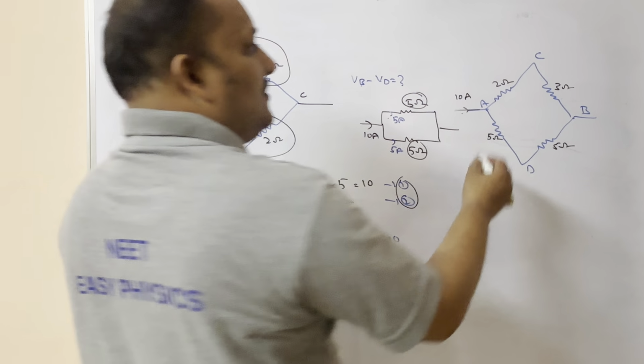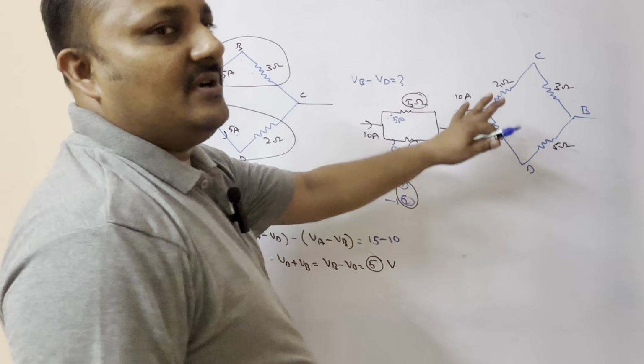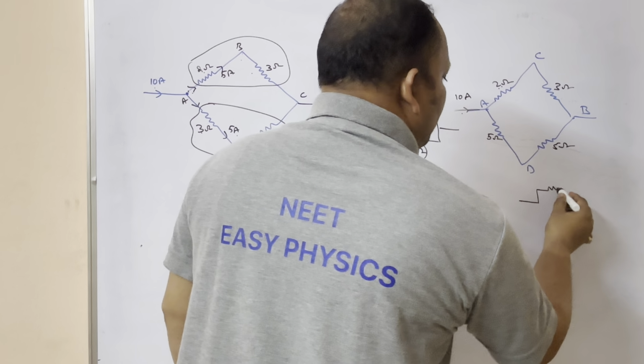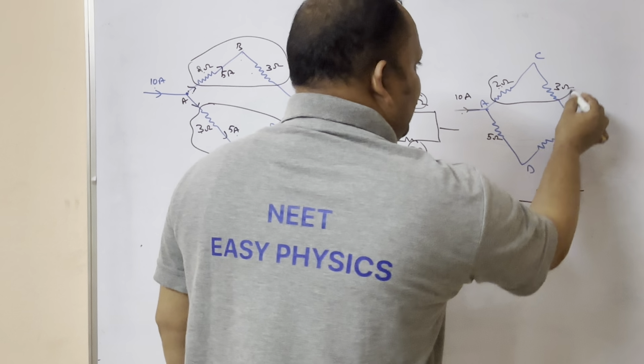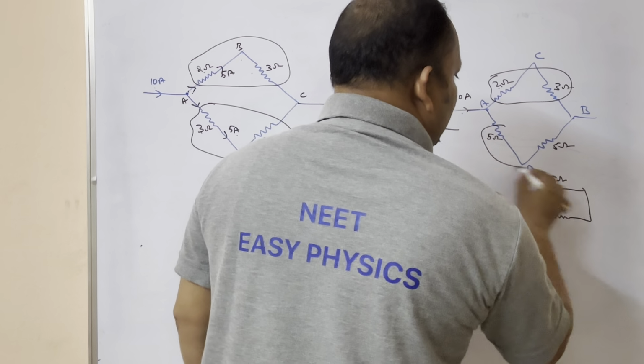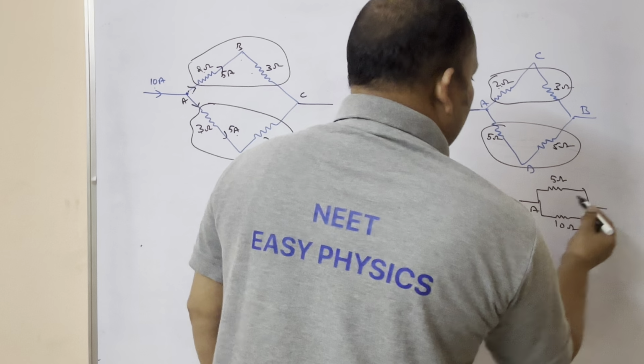Now see, 2 plus 3, 5, 5 plus 5, 10. These two are not equal at the time. How we can solve the problem? So how much resistance here? 5 ohms. How much resistance here? 10 ohms. This is A, this is B.